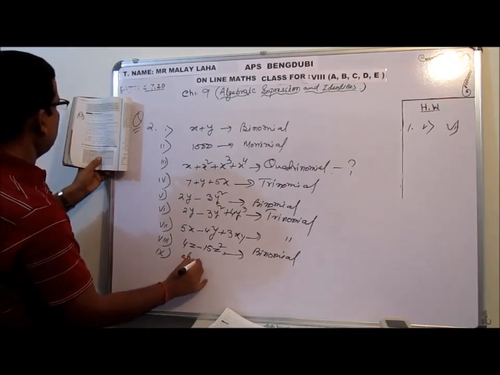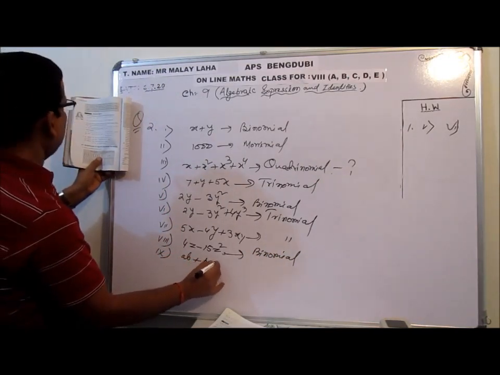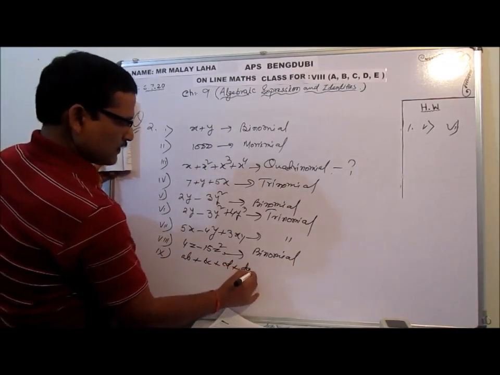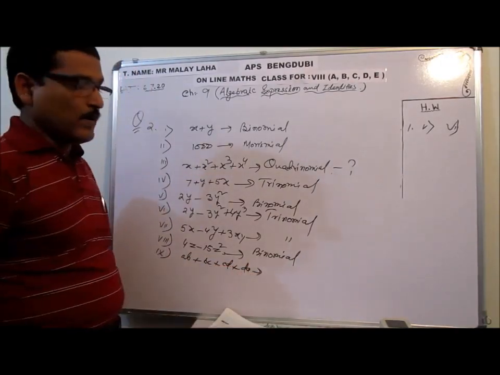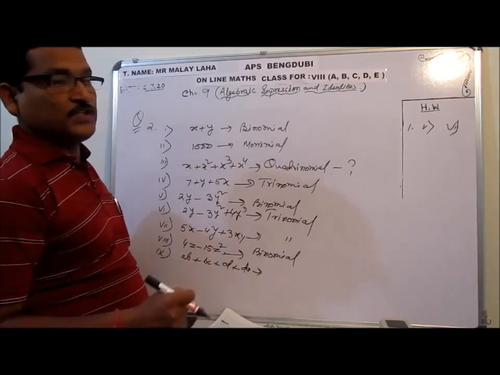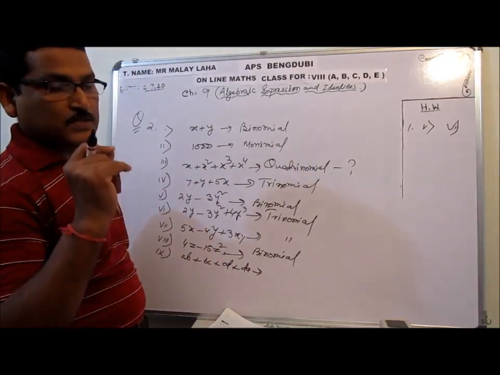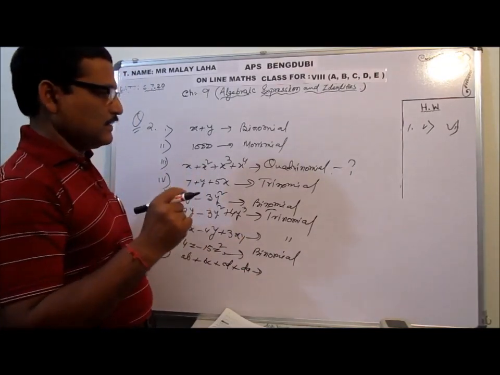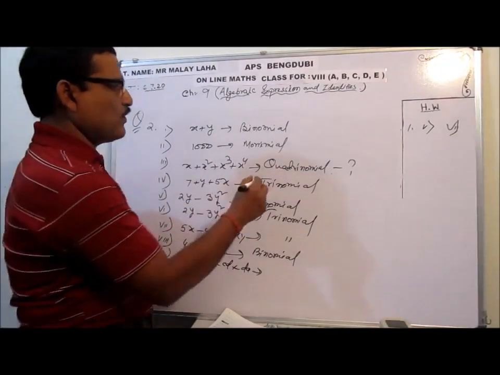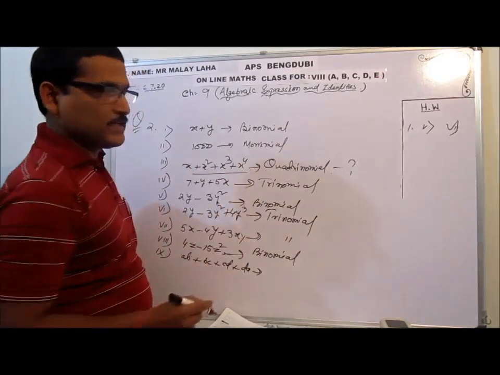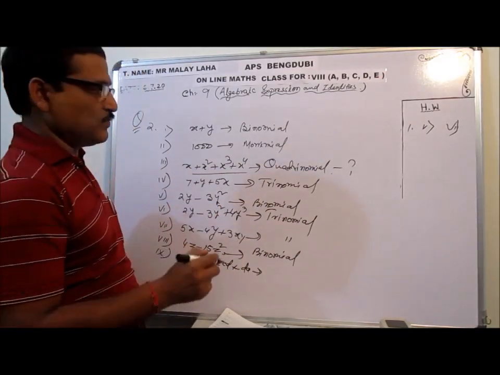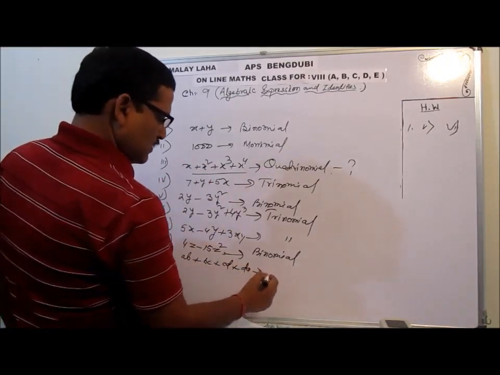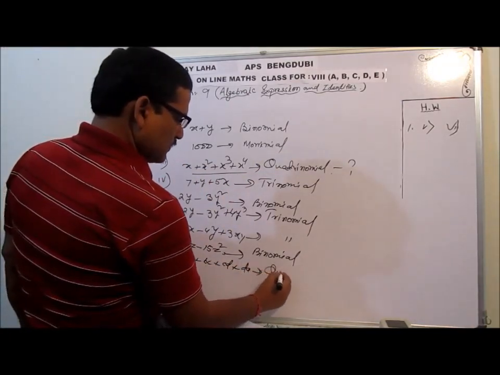AB plus BC plus CD plus DA. So why are they saying which is not in this group? Because they have given monomial, binomial, trinomial, but in addition we have one more, that is quadrinomial. That's why they are saying which is not in this group. The quadrinomial they have not mentioned, but it is coming. You have to write it down. So it is also quadrinomial.